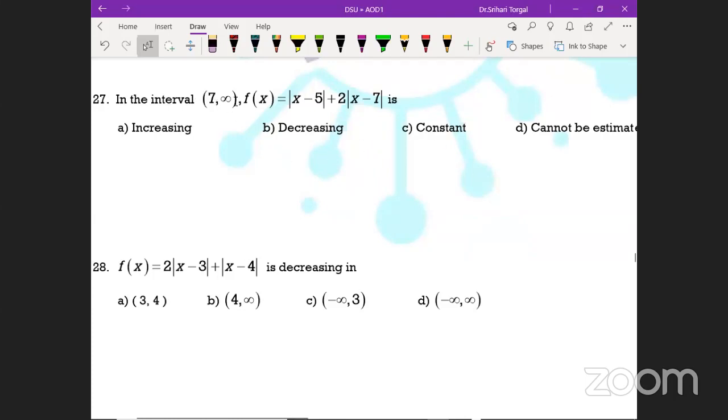If you are considering that interval 7 to infinity, we have to identify increasing, decreasing, constant, or cannot be determined. Fine. Okay, let me show you here. Wait for a minute.